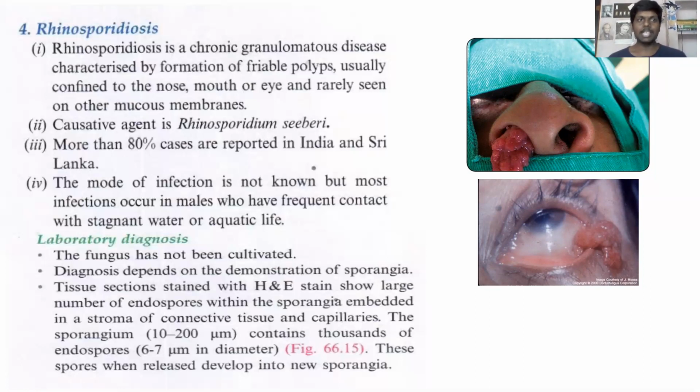And one important thing about rhinosporidiosis is it is a non-cultivable fungus. That means we cannot culture this fungus in SDA medium, Sabouraud's dextrose agar medium. So what we have to do is take a biopsy of that sample and go for tissue sectioning. In tissue sectioning, we will go for H&E staining and observe under the microscope.